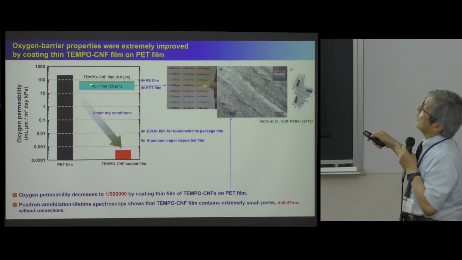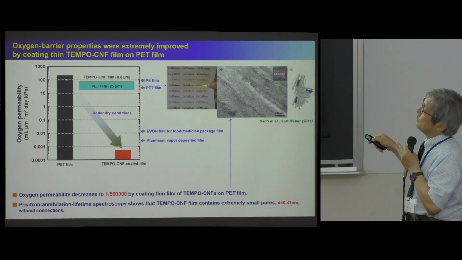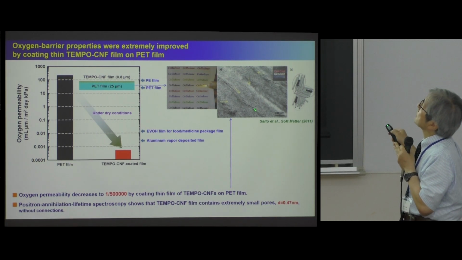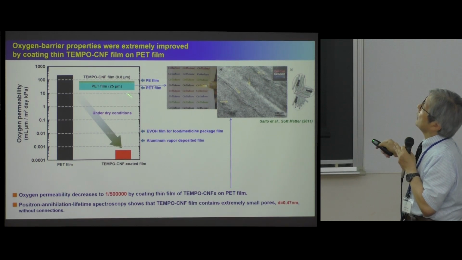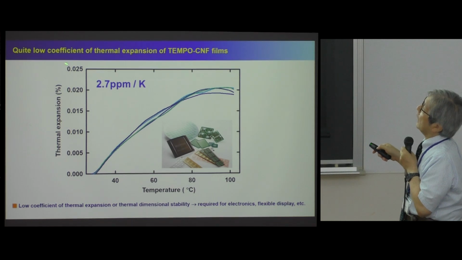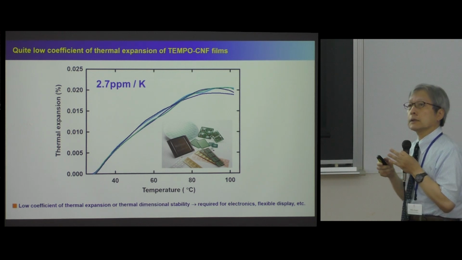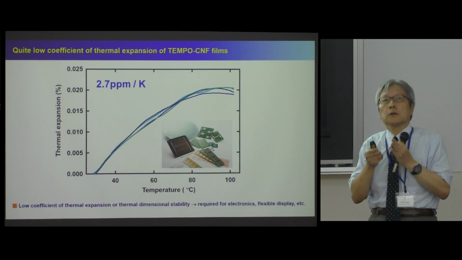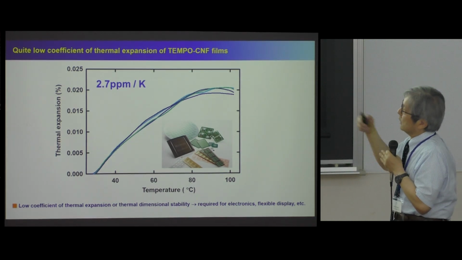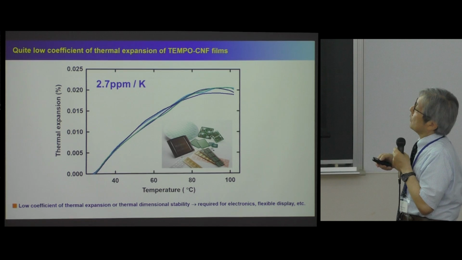the TEMPO CNF as just a thin film on PET film, the oxygen barrier properties are dramatically improved, like this, because of no space in the fibers. Okay, and also very low coefficient of thermal expansion, because the cellulose nanofibers consist of crystals. Crystals do not move freely, so smoothly.